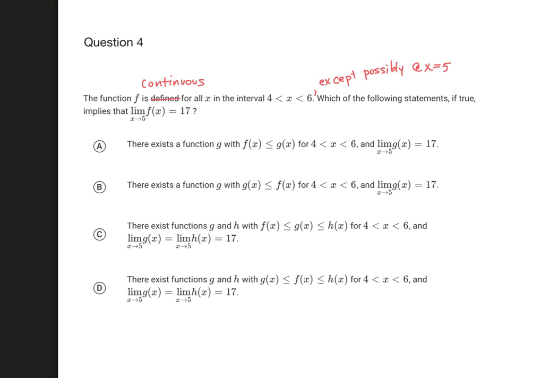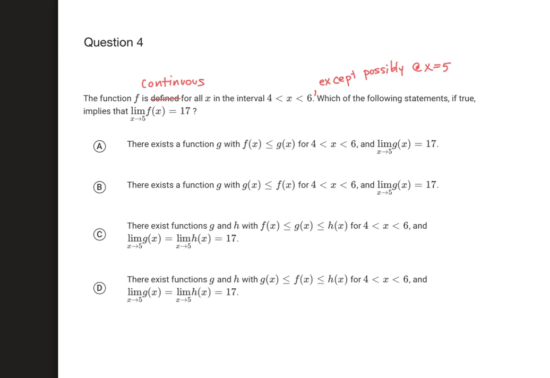No, if the limit as x approaches 5 of g of x equals 17, like in answer choices A and B, and f is above g or below g, it doesn't mean that the limit as x approaches 5 of f has to equal 17. The limit could be anything below 17 here, and the limit could be anything above 17 in B. So these are just kind of random answer choices.